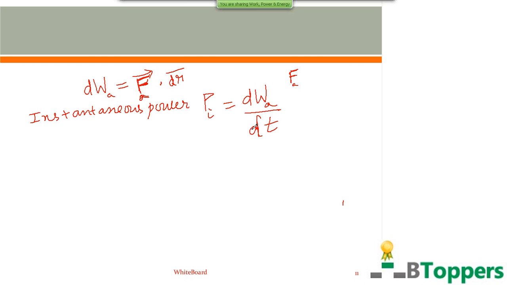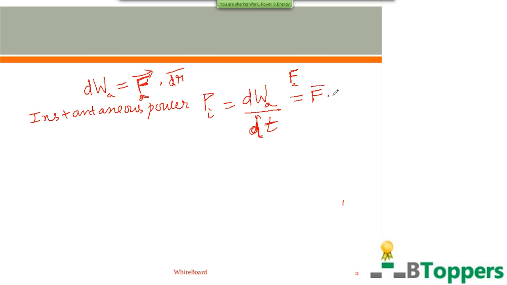The power delivered by the agent may be constant in some examples, may not be constant in some of the examples. But in the general case, since the power may or may not be constant, we write instantaneous power as dW_A by dt, where dW_A is the work done by the agent for the infinitesimally small interval of time dt.